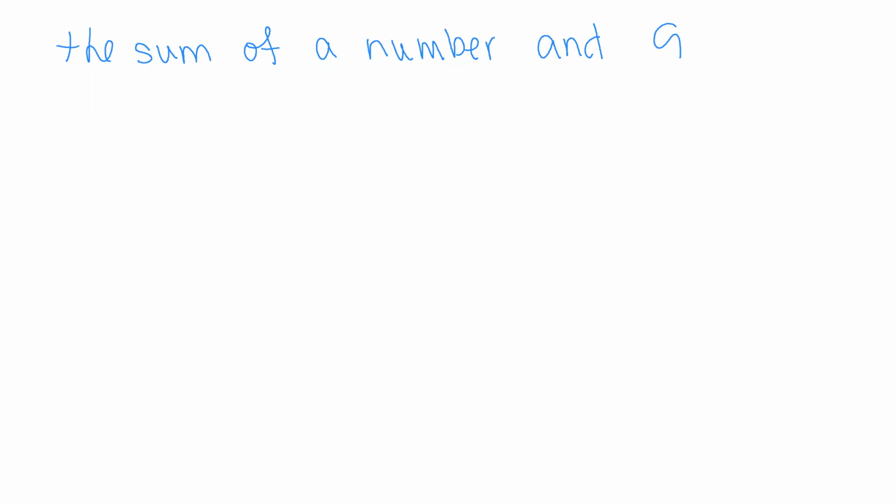So let's look for keywords that would indicate addition, subtraction, multiplication, or division. So right here, I have the word sum. Sum means add, okay? And then I have this short phrase, a number, okay? Well, I don't know what a number is. It's unknown to me. Some number, any number. So this is your variable right here.